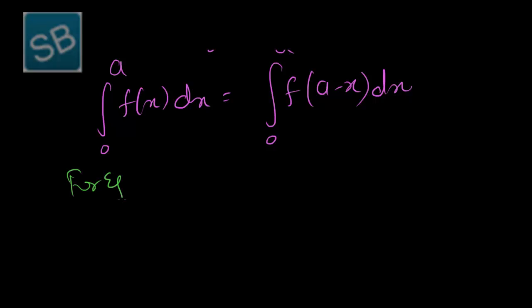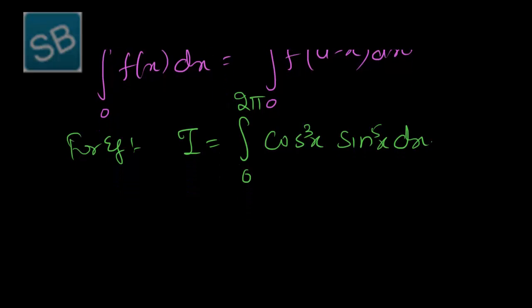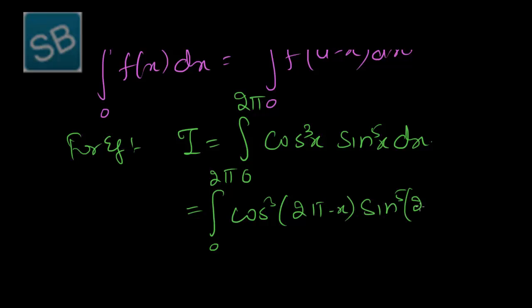For example, we have I is equal to integral 0 to 2 pi cos cube x sin raised to power 5 x dx. So here a is 2 pi. So we are going to apply f of a minus x. So we are replacing x by a minus x, and here also a minus x. It becomes f of a minus x.